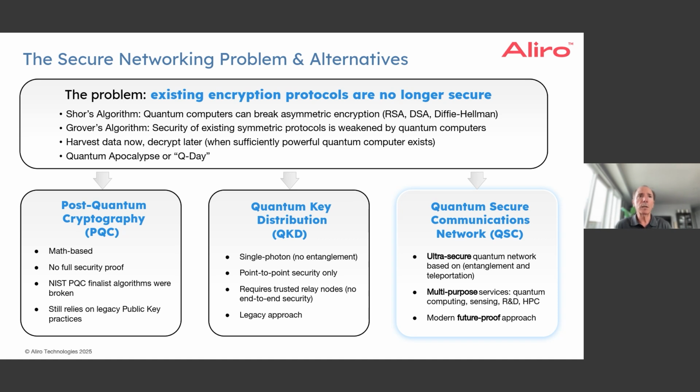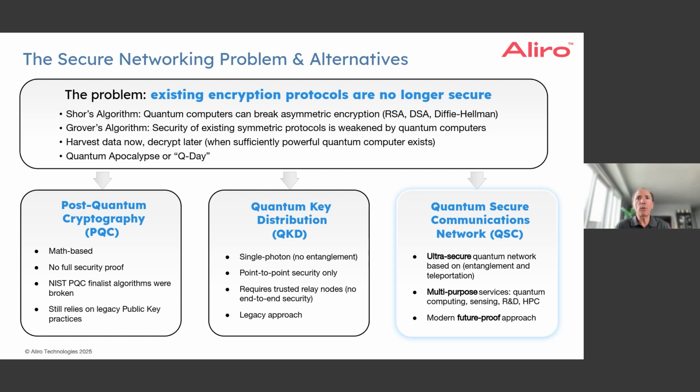So there's a lot of work that's gone on in terms of candidates for this PQC, and there are some final algorithms that in the US, NIST has put out. Many of the algorithms were broken along the way. You don't know when these algorithms are going to be broken. And you're still exposing your keys in public with a new kind of math encryption.